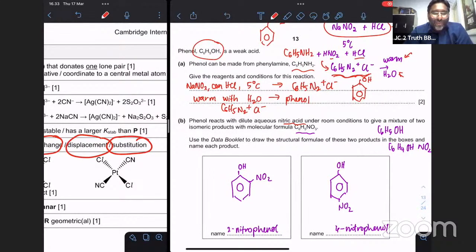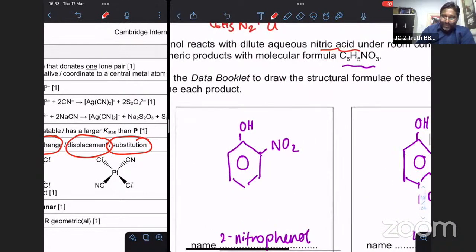Do remember phenol, the OH group. The OH group is going to be quite interesting, because OH is an electron donating group. When it donates electrons, it makes the electron density of the benzene ring become higher. When the electron density is quite high, the electrophiles are attracted to react with the benzene ring.